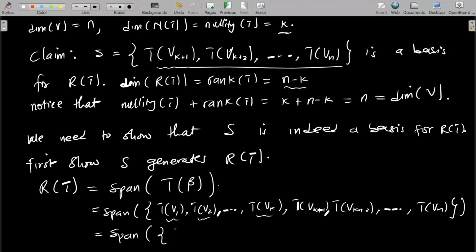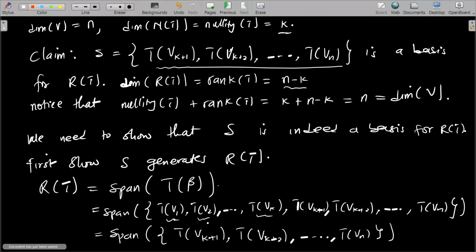So we throw all the parts that give us 0 away, so this reduces to T(v_{k+1}), T(v_{k+2}), all the way to T(v_n).